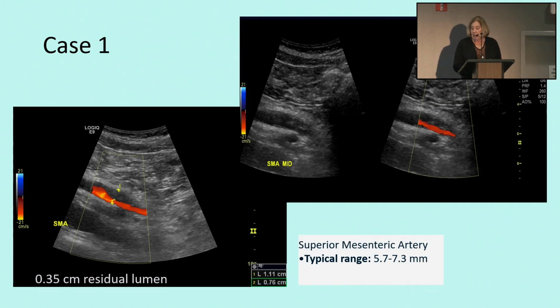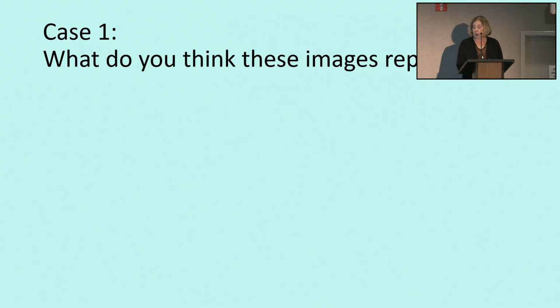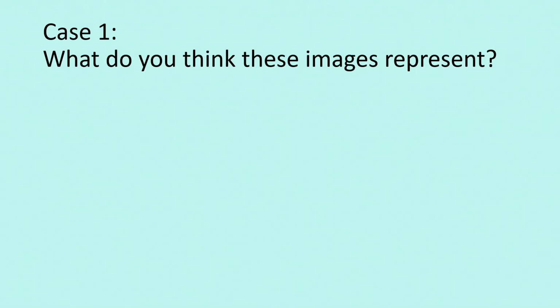All right, so the residual lumen, the measurements over here were of what is that? Is that plaque? What is that sitting on the wall there in someone who didn't have any previous disease? 0.35 cm residual lumen.